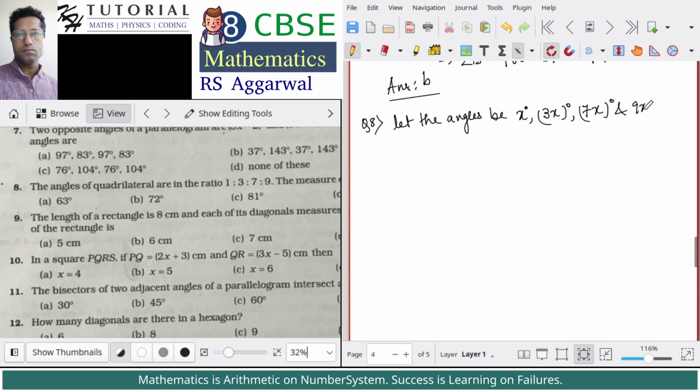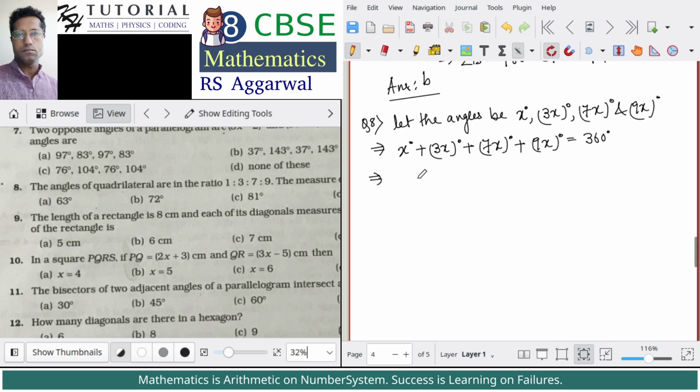and 9x degree. We know that the sum of the angles in a quadrilateral is 360 degree. So we must have x degree plus 3x degree plus 7x degree plus 9x degree should be equal to 360 degree.